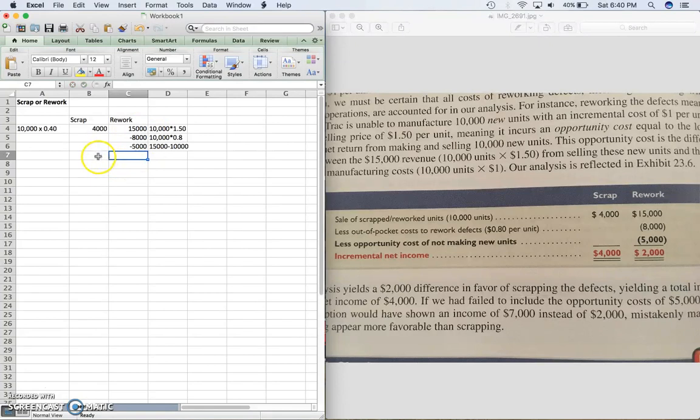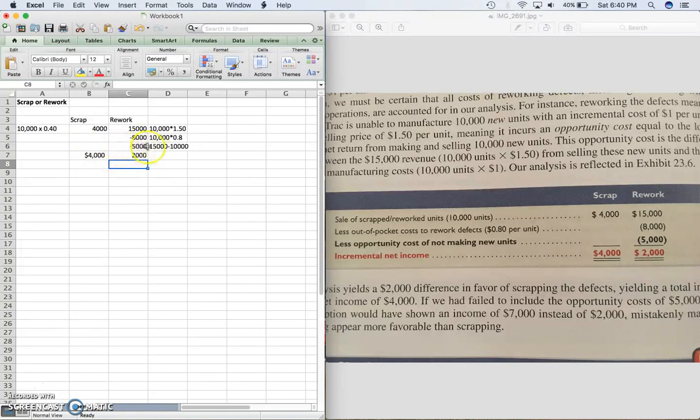As we can see, the final equation would show this is 4,000, and this added up, I'll use the sum, is only 2,000. That shows that scrapping would make more money than the rework, so we should scrap it and sell it.